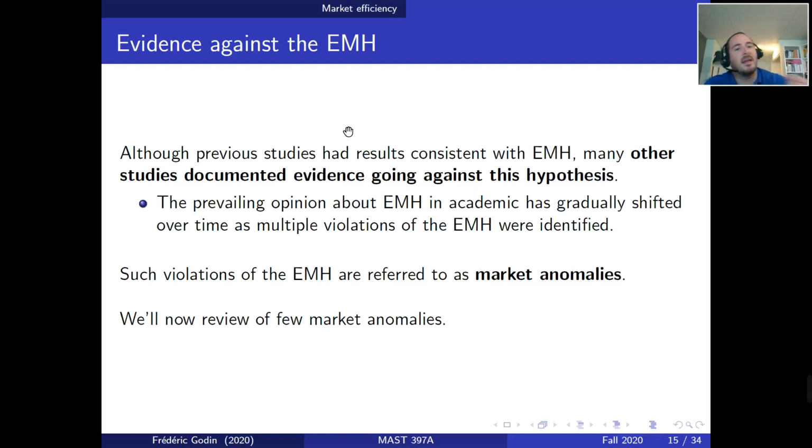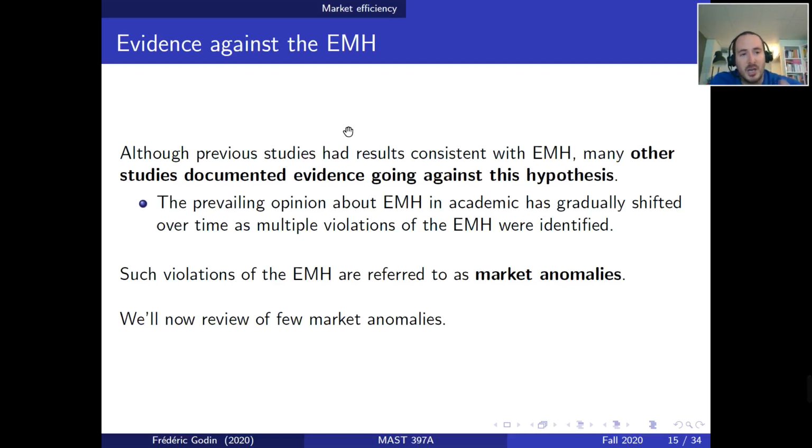Okay, so we said that in the second half of the 20th century, a lot of people were convinced that markets are typically efficient, but as time went by, some people have criticized the efficient market hypothesis. Studies have been done which identified facts or outcomes incompatible with the efficient market hypothesis.